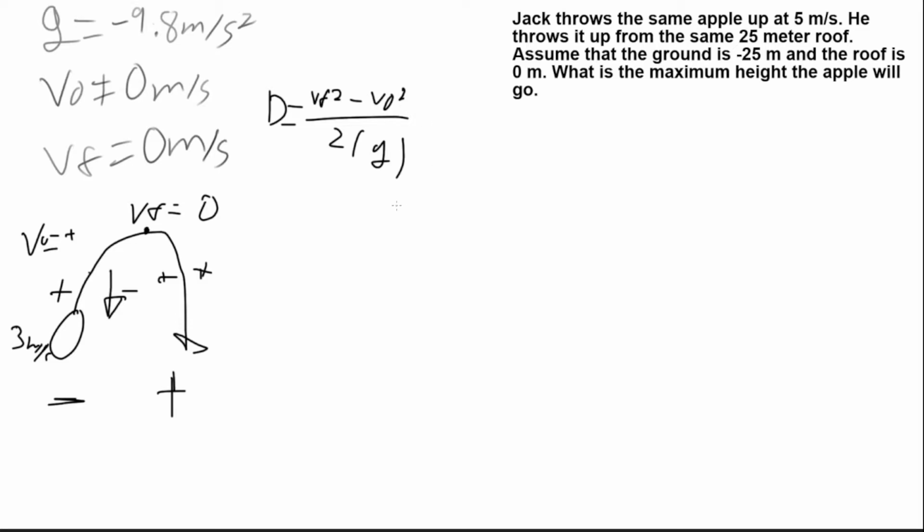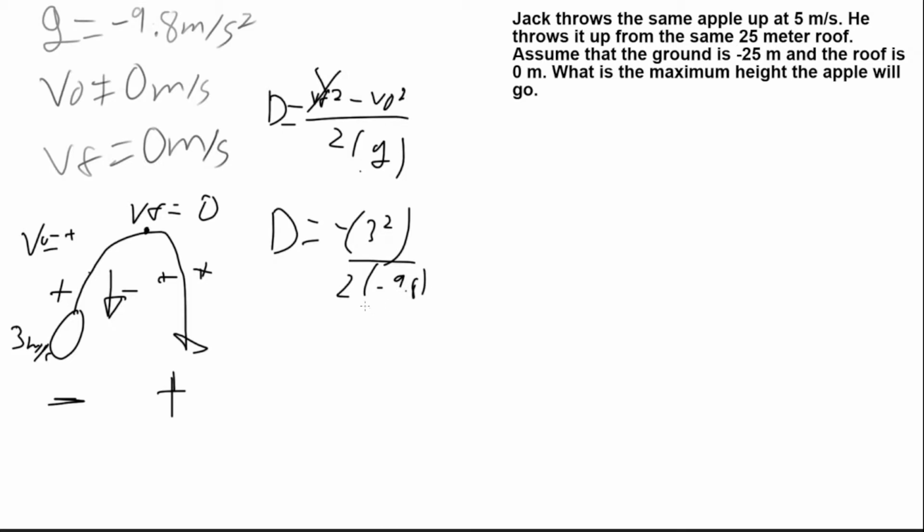This is just a simple problem that doesn't involve time, since we weren't given a time value. V final is 0, so we can just cross this out. So D equals negative, and then in parentheses 3 squared, because we're squaring the 3, not the negative 3, over 2 times negative 9.8.